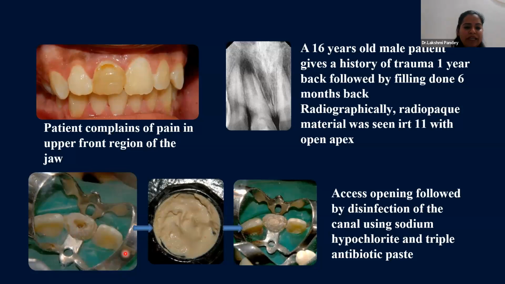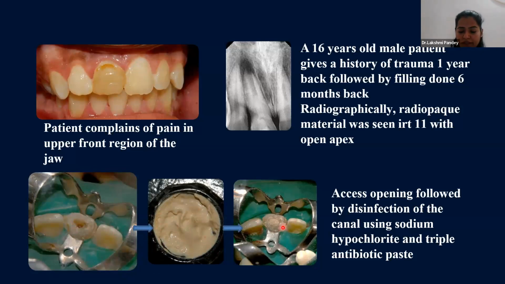After that, I didn't do much instrumentation, and I directly used saline to clean the canal, and I placed a triple antibiotic paste. Before placing the triple antibiotic paste, I did the irrigation properly. The instrumentation was not done at all. I only used a number 15 file to negotiate the canal. After that, I used hypochlorite irrigation, and then saline. And then I placed the triple antibiotic paste.